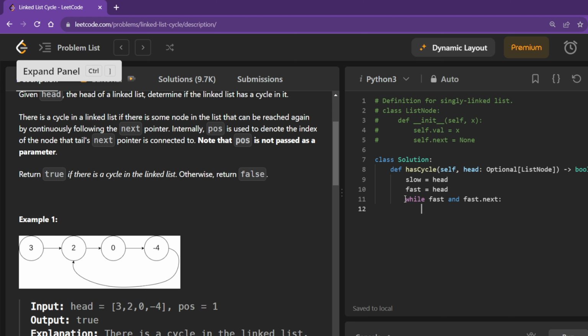We're going to allow the slow pointer to move one step, and the fast pointer is moving two.